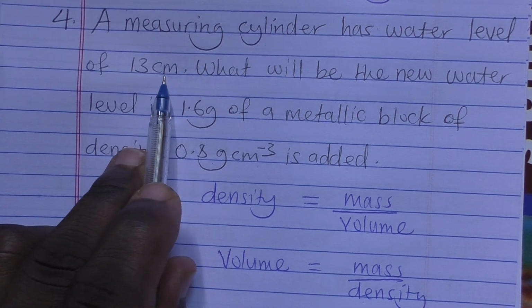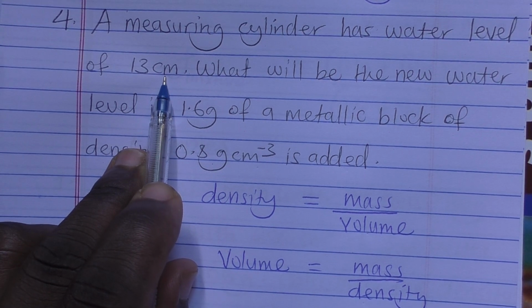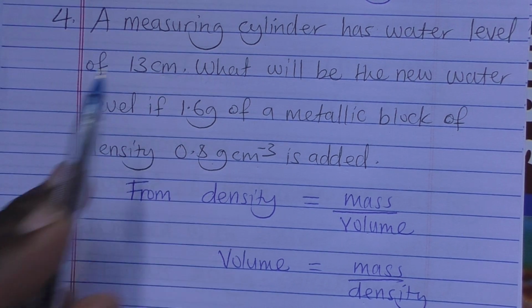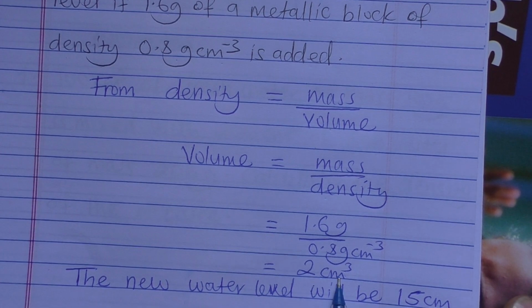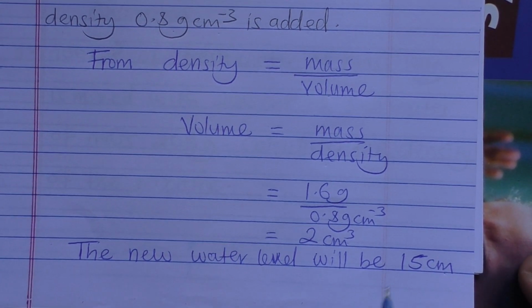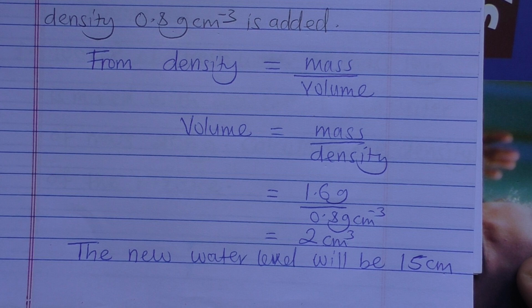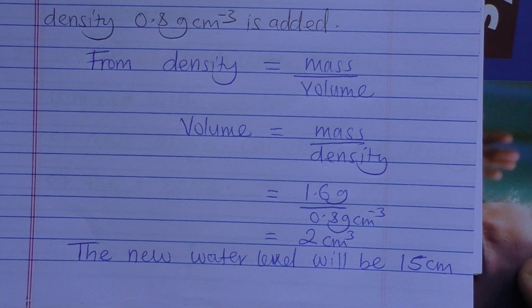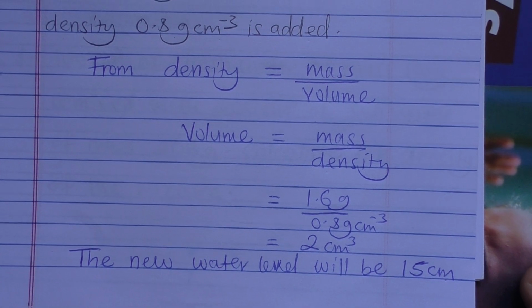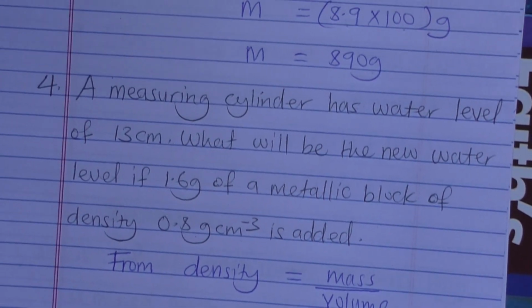This 13 centimeters is representing the height, which is also volume. So we shall just get 13 plus our 2 to get the new water level, which is 15 centimeters. Those are calculations on density.